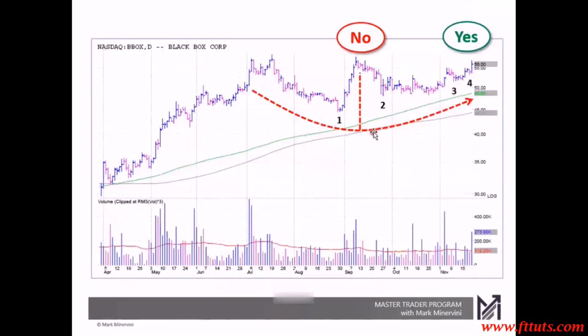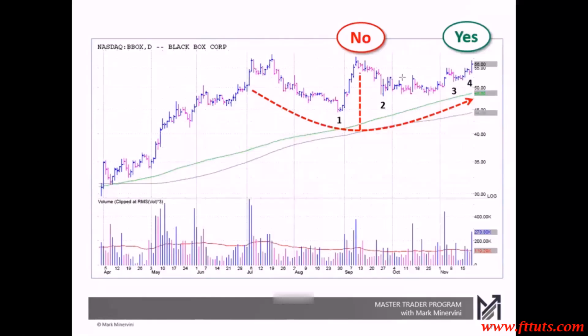Dave, this might be a time also to talk about fractals, because these tightenings are sort of a lesson in fractals, right? Yeah, a fractal is a pattern within a pattern. You might see a cup and handle forming on the daily, and you can even take that down. You might see a cup and handle within the handle if you take it down to a 30-minute or a 15 or a 10-minute chart.